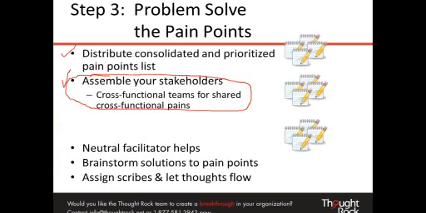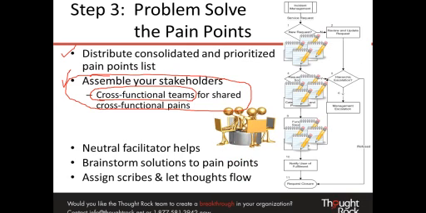So, coming back to here, I'm going to focus on my cross-functional teams, thinking about where I really want to make sure that people are working well together because I've identified pains which are common across more than one team.